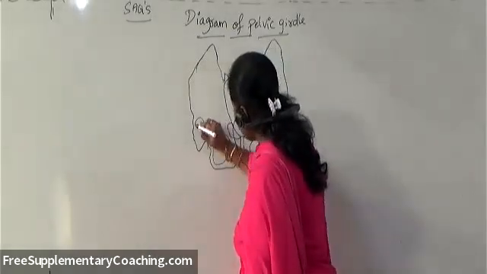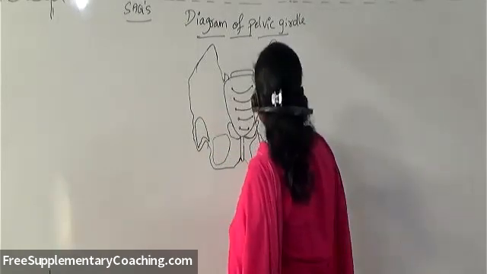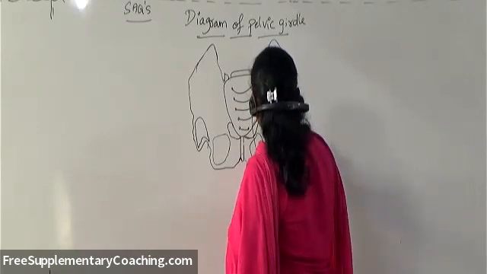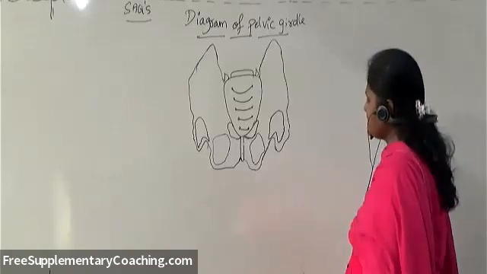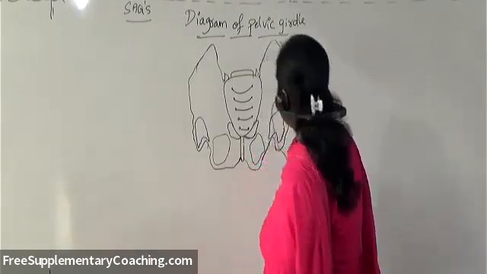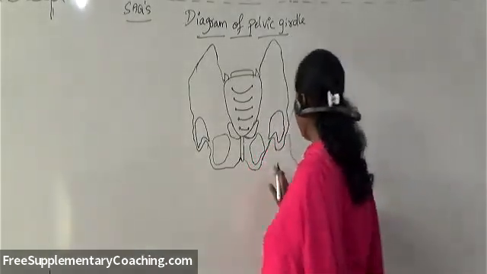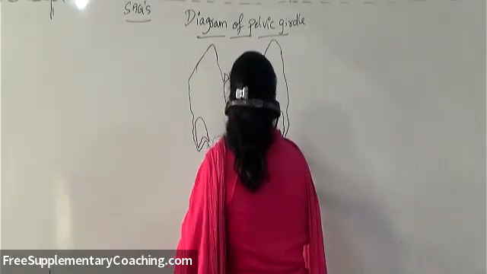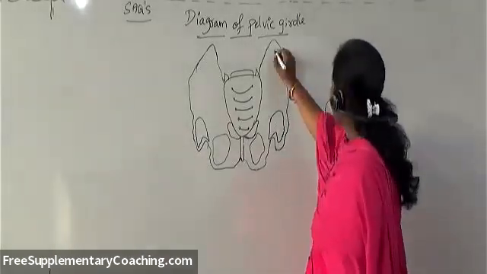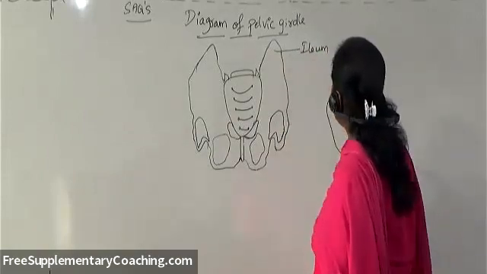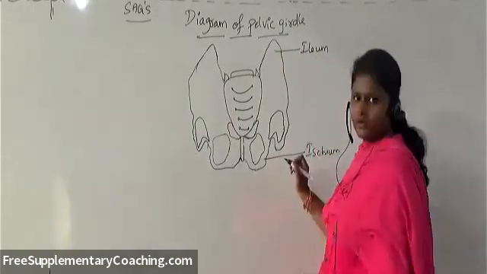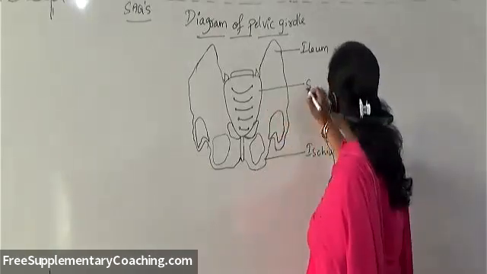So now show the acetabulum. So this is ileum, and this bone is ischium, and this is what?